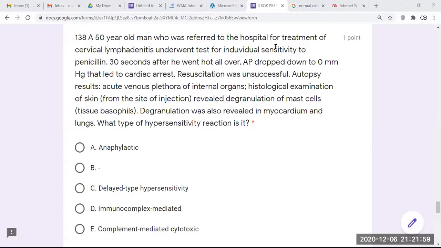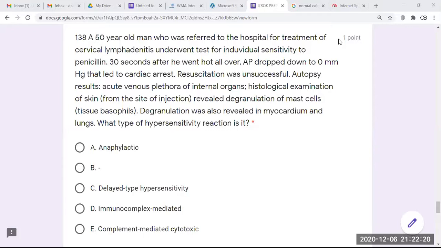All right. So here they said that the patient's arterial blood pressure dropped, and then the patient had cardiac arrest. Resuscitation was unsuccessful, so the patient died, right? So let's see what happened.